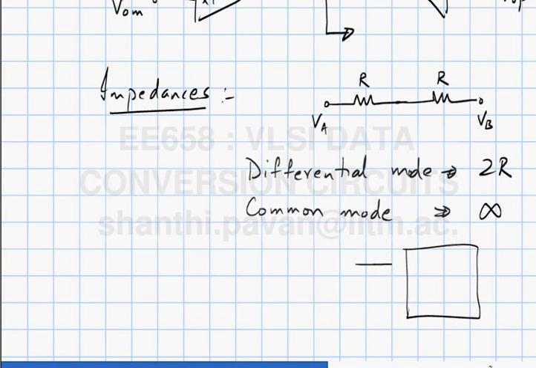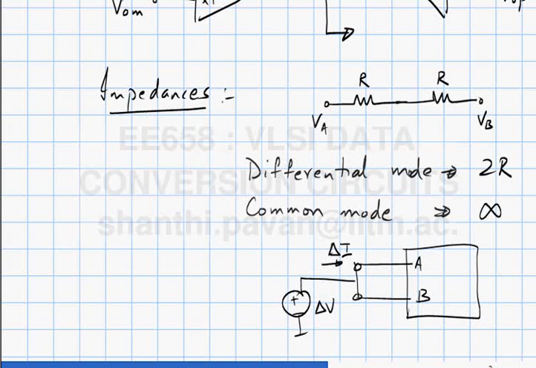Okay. So you have this box. You don't know what there is inside the box. You have two terminals, A and B. If you want to find the common mode impedance, what will you do? I will short these two terminals together, apply a delta V, measure the delta I, and delta V by delta I is my common mode input impedance.